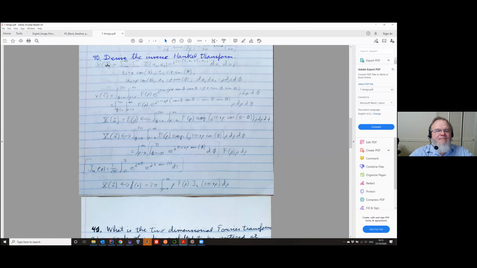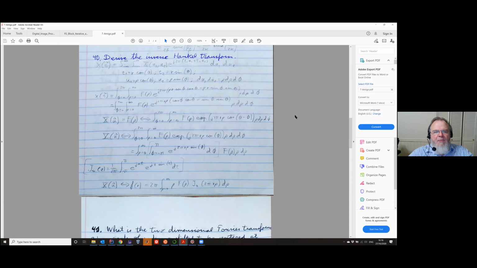Okay, so the inverse Hankel transform. What you have here is totally correct. Let me just explain it to everybody. We start out with the inverse Hankel transform. Then we do exactly the same substitution that we did last time, making the rectangular things into polar form.